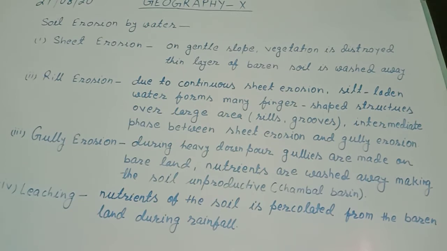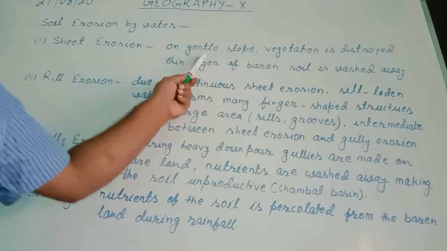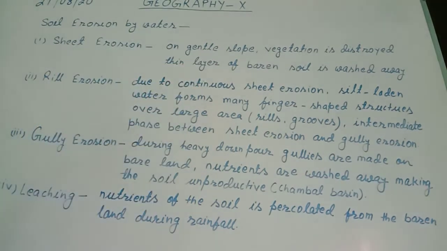Number 1 is sheet erosion. It occurs on gentle slopes, when the vegetation is destroyed, meaning the grasses and small plants are destroyed by the running water on the gentle slope, and the layer of soil is left barren.